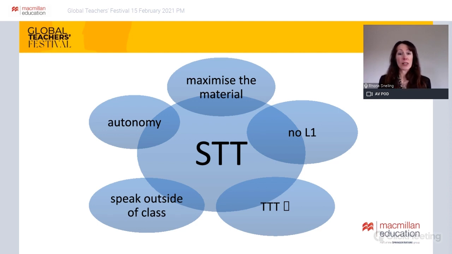So we've got five points here, which will help you to increase the student talking time. Right at the top, at 12 o'clock, we've got maximize the material. This is thinking about what's ready in your lesson, what's in the course book that you're doing. Is there, for example, in the reading text, an extra discussion question that you can ask your students for a little bit of fluency practice?